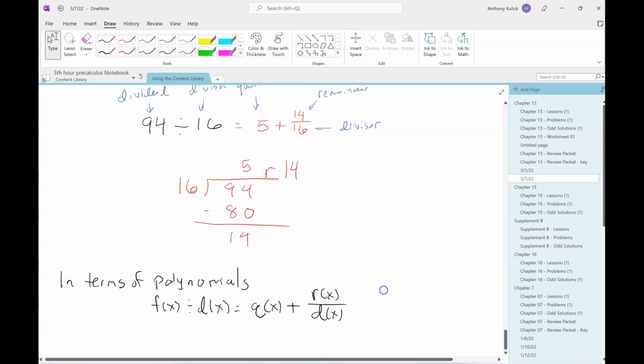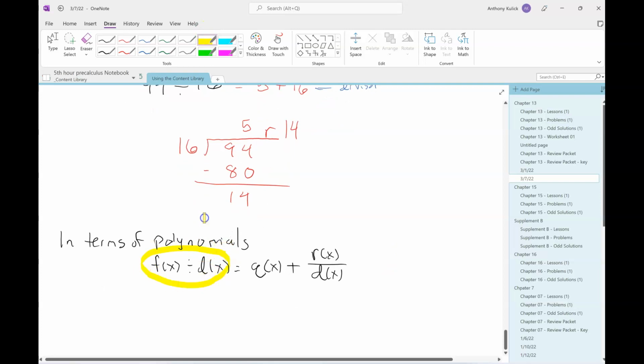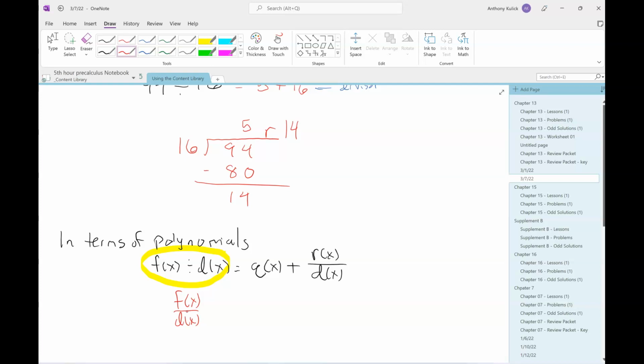So it's really the same kind of setup as the long division problem. But remember again that division and fractions are really the same thing. So often, instead of writing it as polynomial divided by polynomial, we often will write it as a fraction. That's still the same thing, right?